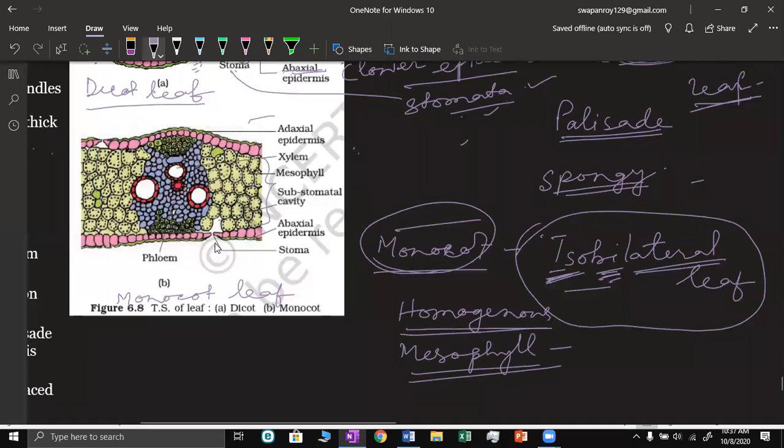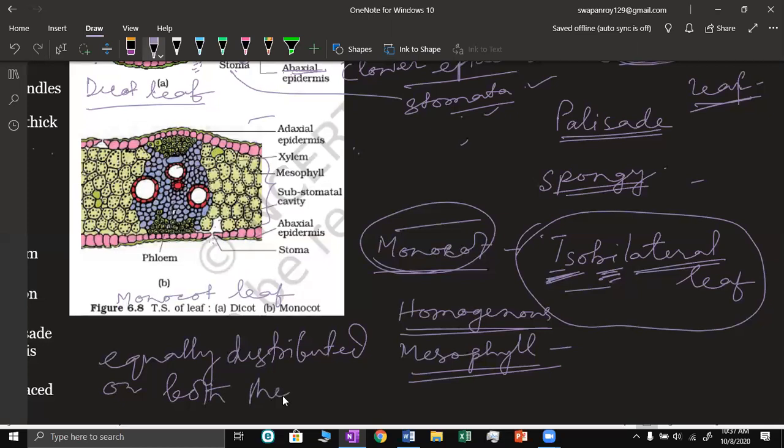And another thing is that the stomata are almost equally distributed on both the epidermis, that is, on the upper epidermis and lower epidermis, stomata are almost equally distributed.